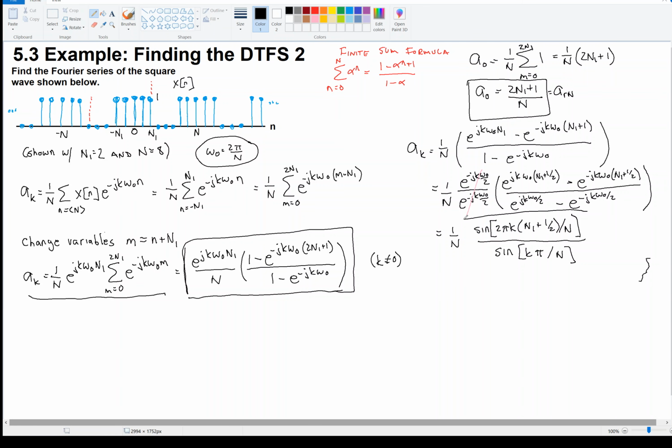And so that is the Fourier series coefficient. Those are the Fourier series coefficients when k does not equal 0 or plus or minus n or plus or minus 2n and so on.